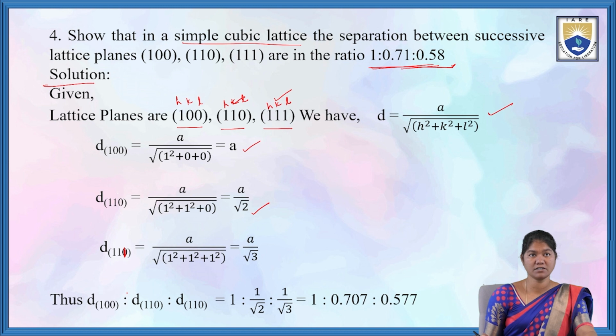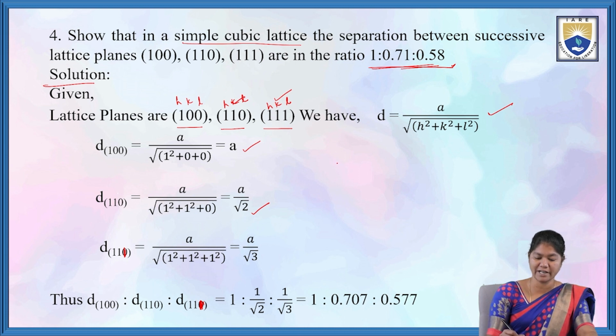So D100 is to D110 is to D111 is equal to 1 is to 1 by root 2 is to 1 by root 3. Here D100 is equal to A, which when taking the ratio becomes 1, and D110 is equal to A by root 2.